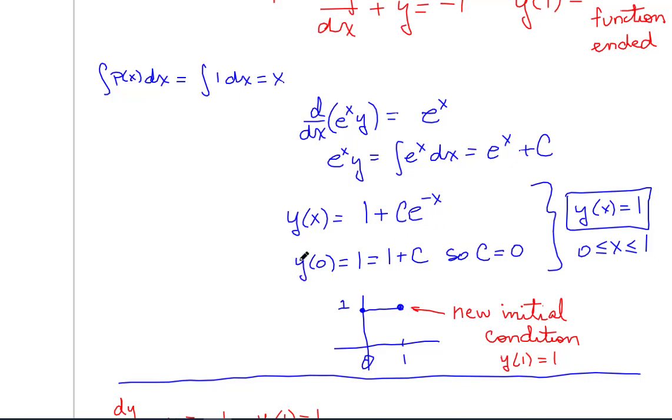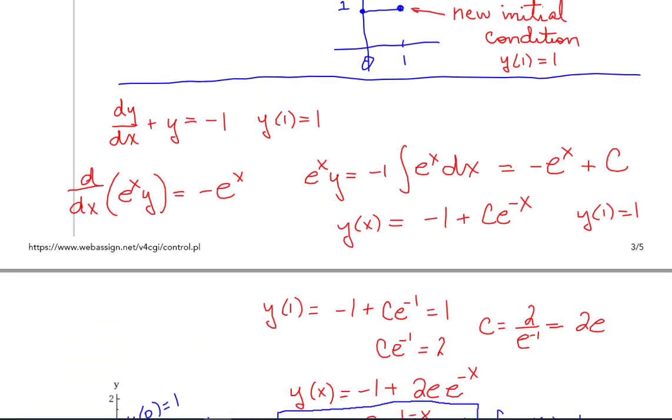Our initial condition was y at 0 is 1, and that gives me c is 0, and so I get y of x is the constant function 1 on the interval 0 to 1. So y of x just stays stuck at 1. So we talked about where the first function ended. It ended right there. And so my new initial condition is y of 1 is 1.